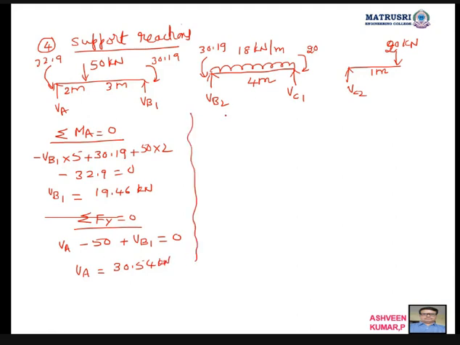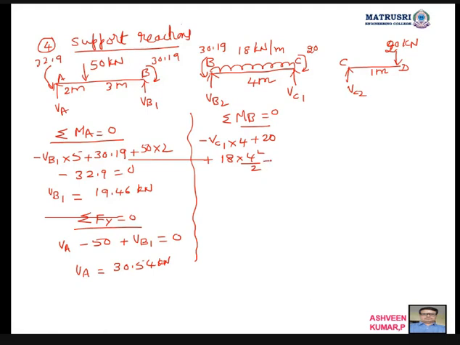Then I'll come to here. Moment about B is equal to 0. So this is B, this is C, this is B, this is A, this is C, this is D. So moment about B is equal to 0: minus VC1 into 4 plus 20, then plus 18 into 4 square by 2 clockwise.